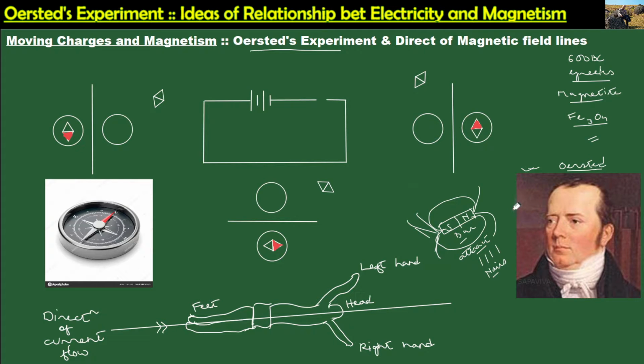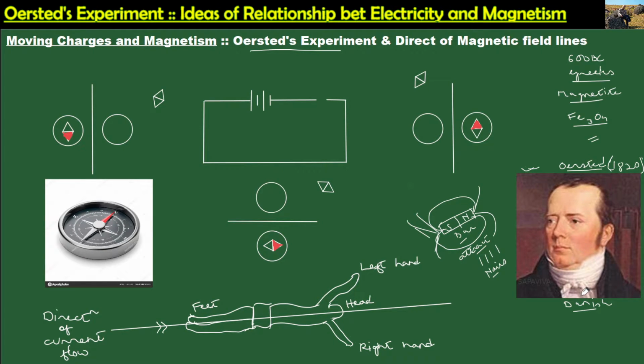He found out that there is a relationship between electricity and magnetism, and he was so surprised to find that in the year 1820, he discovered this experiment which lays the foundation for the relationship between electricity and magnetism. Hans Christian Oersted was a Danish physicist. That means he is from the Netherlands.